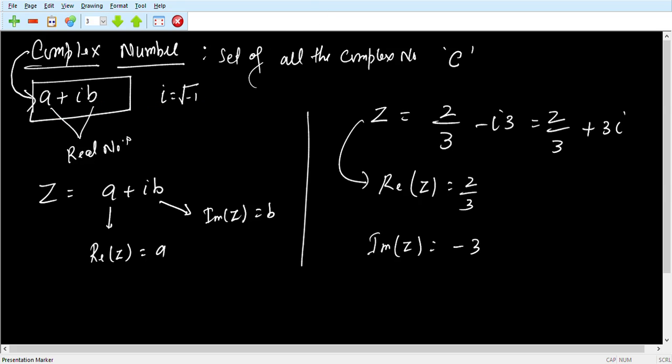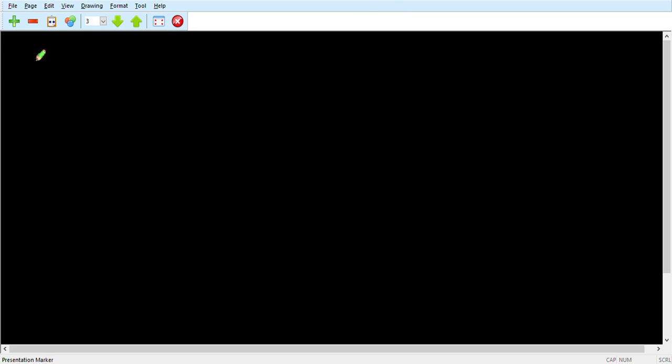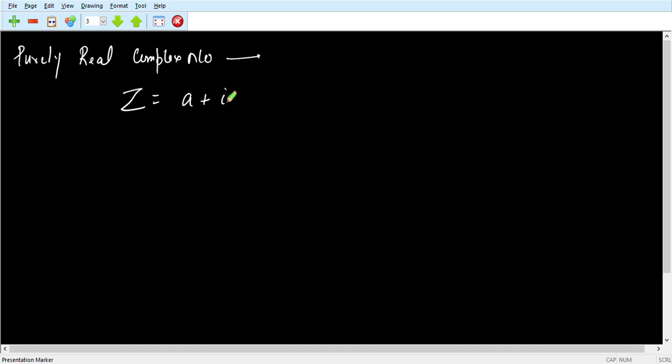So if you are talking about purely real or purely imaginary complex numbers, in a purely real complex number the imaginary part will be 0. Let us suppose I am having a complex number z is equal to a plus iota b.